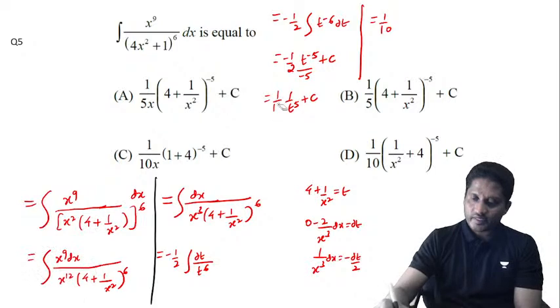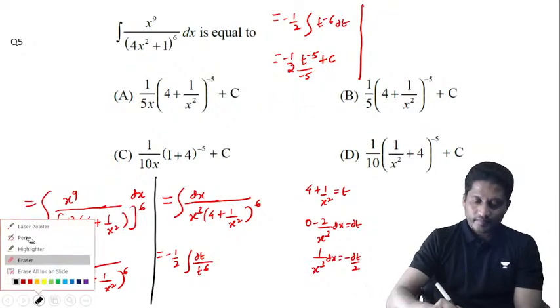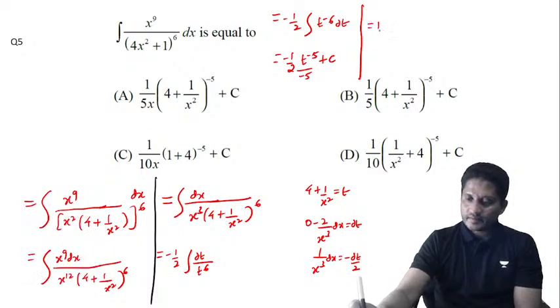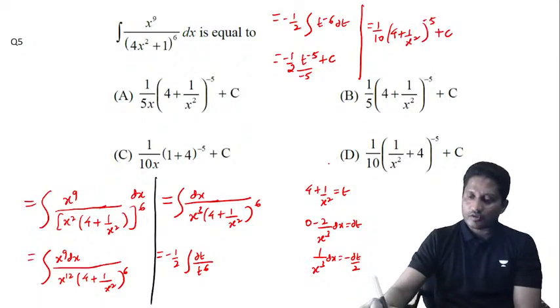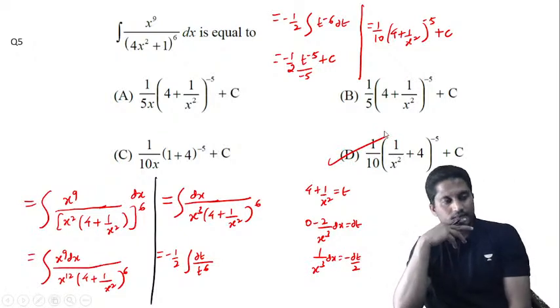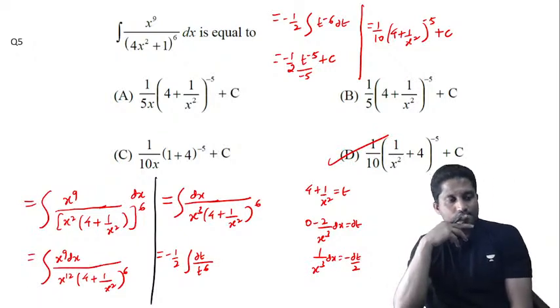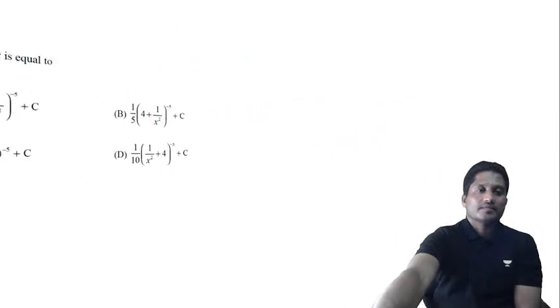Substitute here itself. 1 upon 10, substitute the value of t, you get the option. This is 1 by 10, t value is 4 plus 1 by x square, whole to the power of minus 5 plus c. The last option D, right? Question number 6.